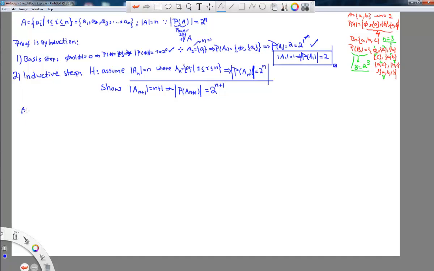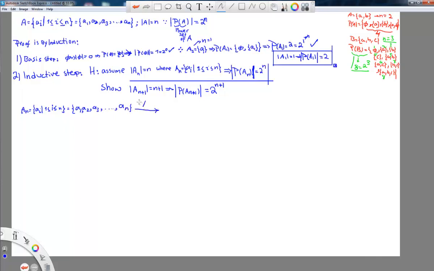I say that my A sub n is effectively a set of A sub i's, where i is between 1 and n. So it's going to be something like this: A sub 1, A sub 2, A sub 3, all the way to the A sub n.